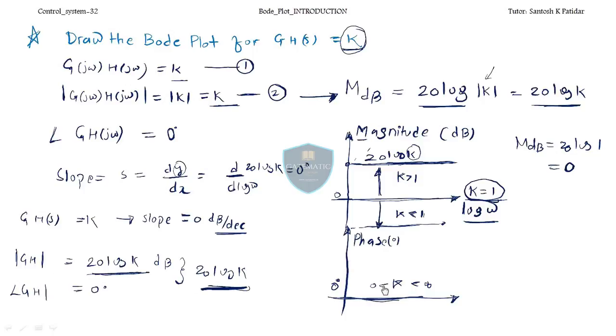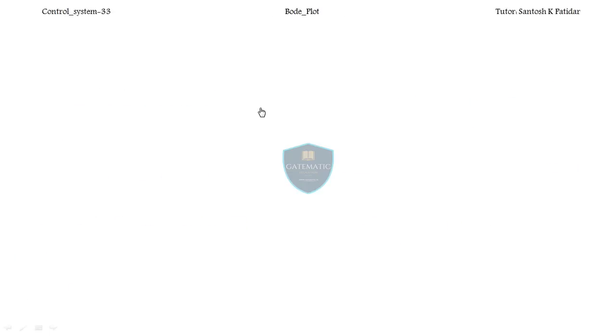So from the entire discussion we can come to one conclusion: the magnitude spectrum, or the graph of magnitude, depends on the K value, the constant value we have over here, but the phase graph or spectrum does not depend on the K value. Today's lecture I'll start with this conclusion or note point.